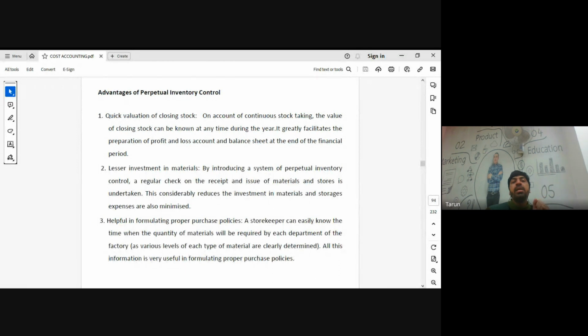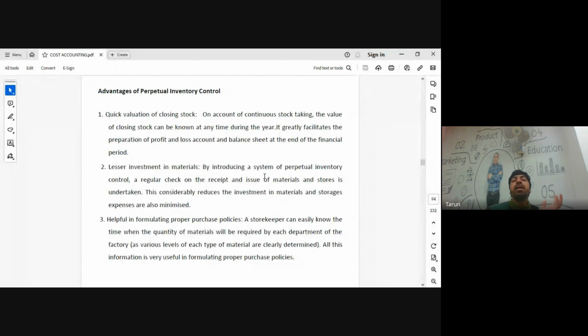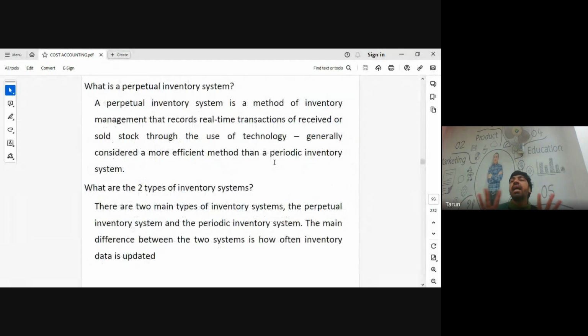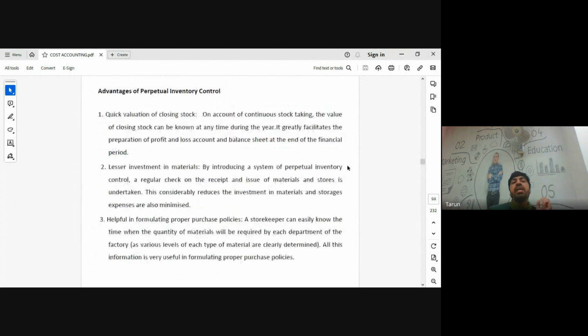All right. Now we talk about, as I explained, what are the inventory systems in material controls. There are two types of inventory system, the periodic and the virtual inventory system. Next one is, what are the advantages of the virtual inventory control?